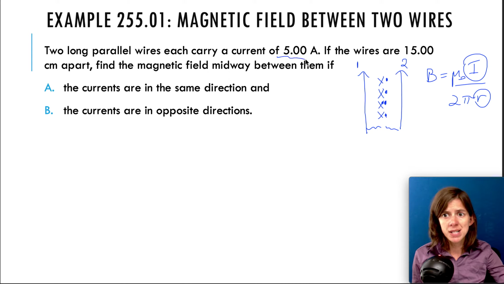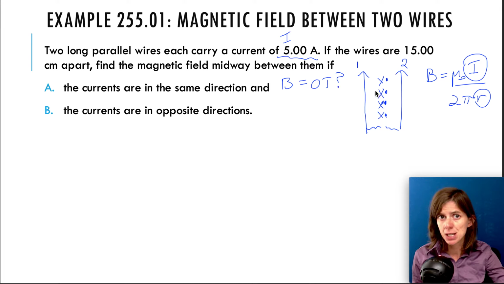Both wires have the same current. Both are at the same distance from this location. So they both create the same exact field. So if one field is into the page and the other field is out of the page, what's going to be the net field? Did you get that the net field is going to be 0 teslas? Right? Because the two fields cancel each other out because they're in opposite directions.